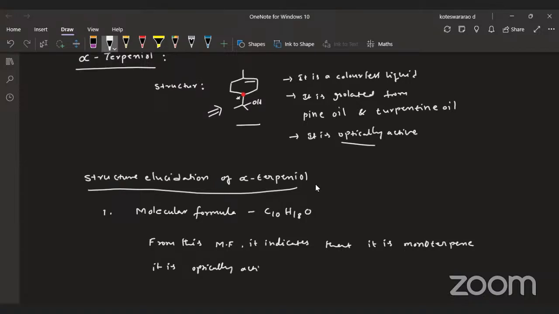Here we are seeing the structure, but when we don't know the structure, how do we do this? Okay, optically active. Therefore, the structure of alpha terpinol must have at least one chiral center. Once it is optically active, it exists with at least one chiral center.